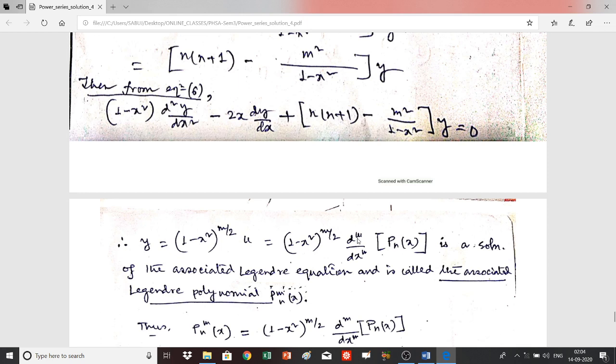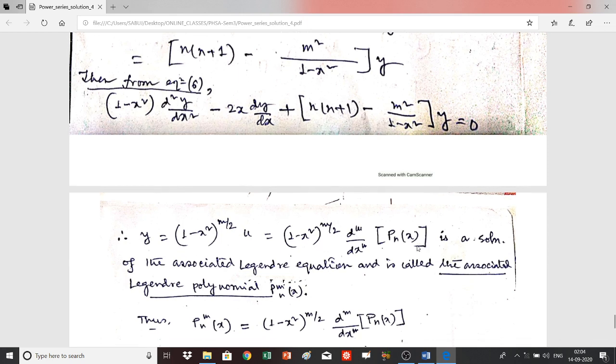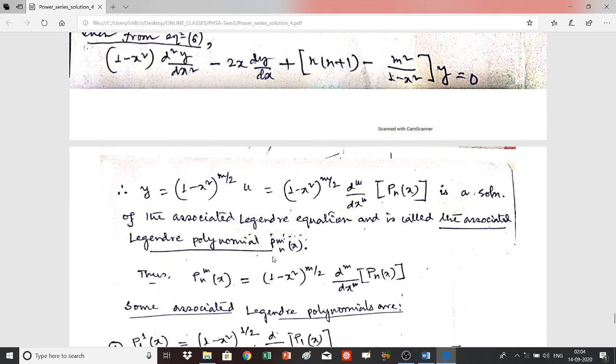So as it is the associated Legendre equation, the solution of this will give you the associated Legendre polynomials, which is denoted by Pn^m(x), and so Pn^m(x) is equal to this.